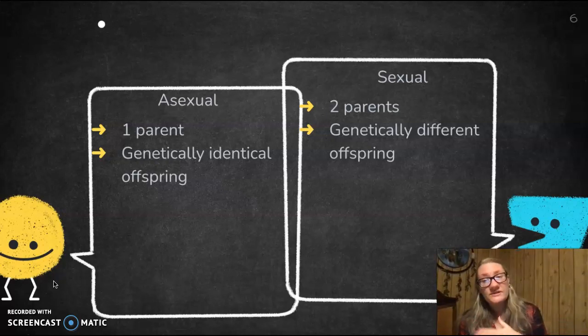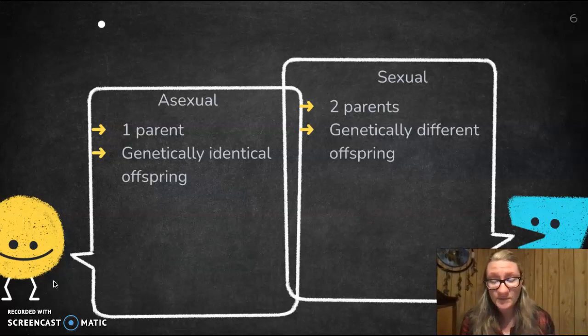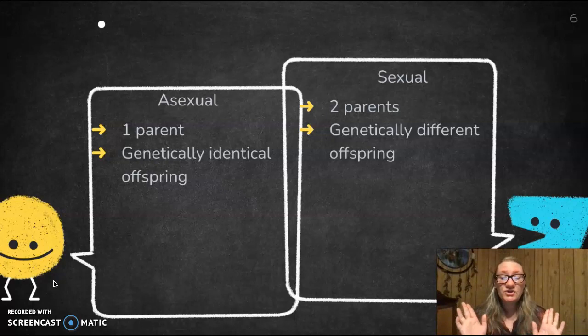And in sexual reproduction, there are two parents, and it produces genetically different offspring. So these are your two big key differences between asexual and sexual reproduction.